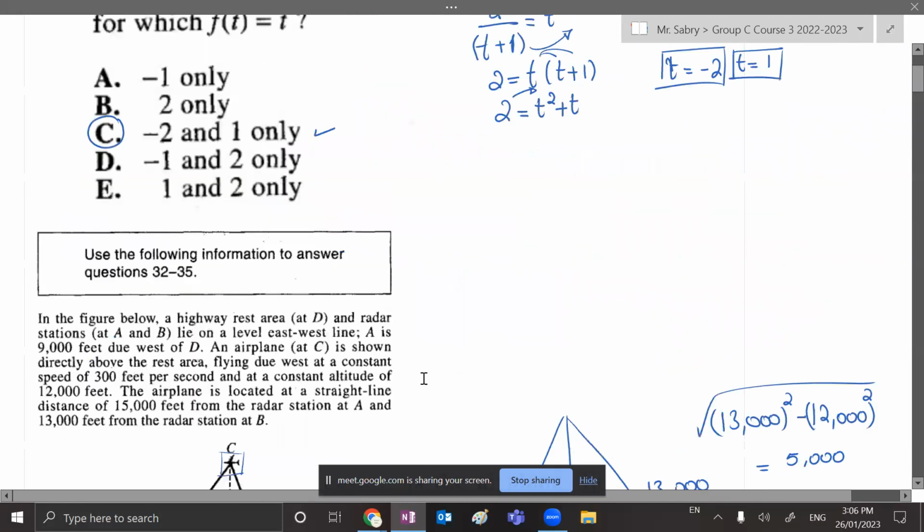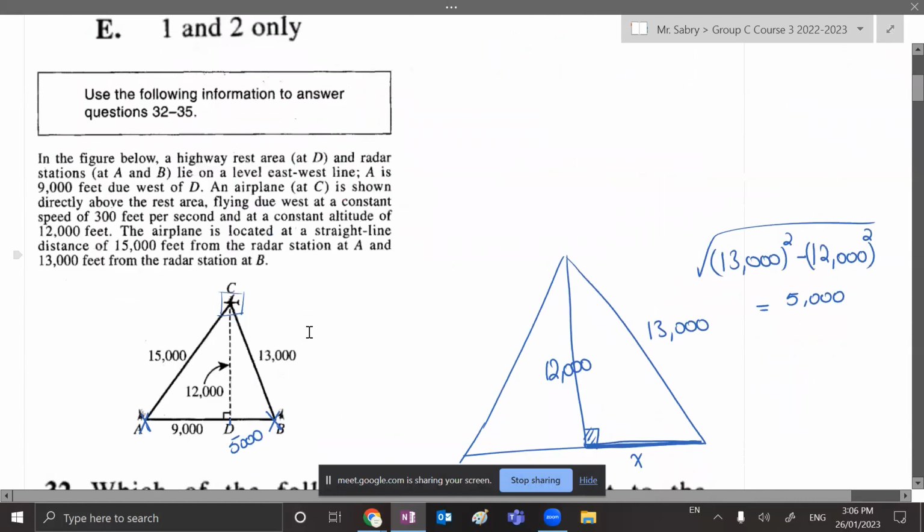And when you go back here, in the words, they're saying that the airplane, shown directly above the rest area, is flying due west at a constant speed of 300 feet per second.